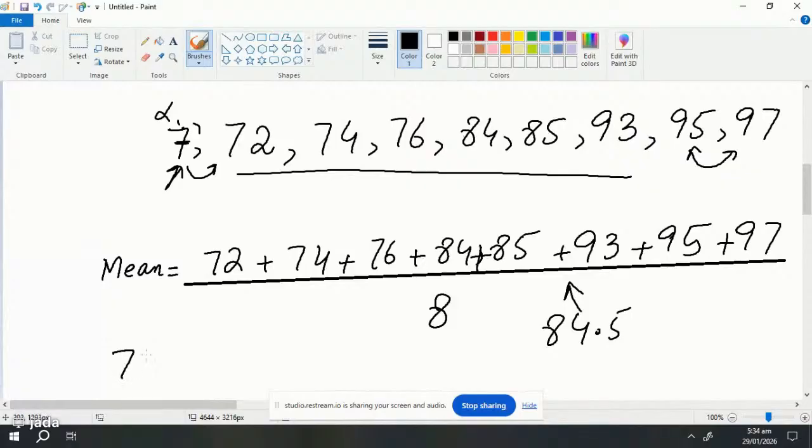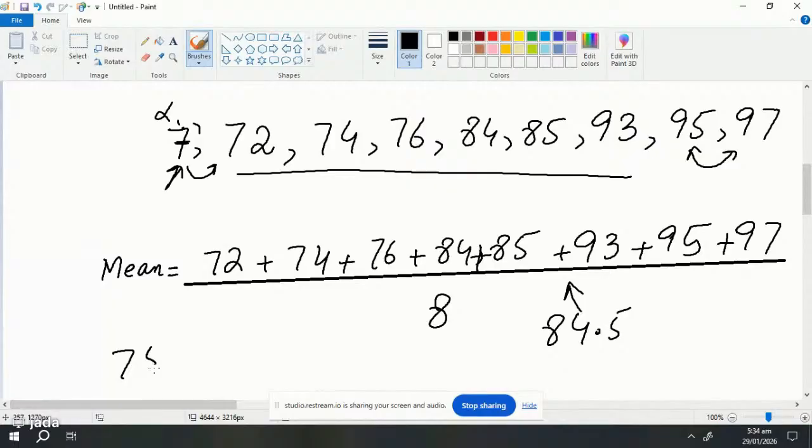That answer of the mean increases as compared to the original value of the mean. What is the mean? Just finding the mean.